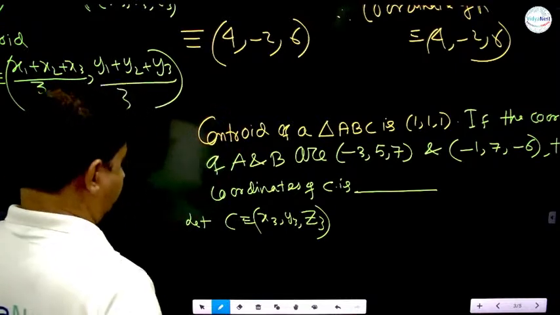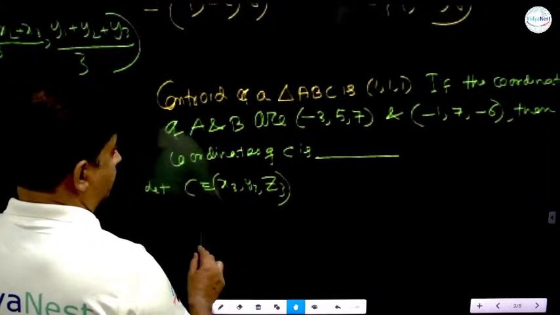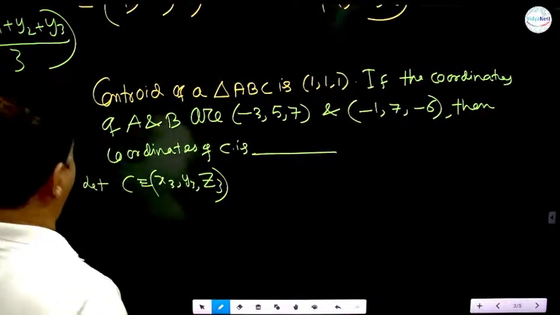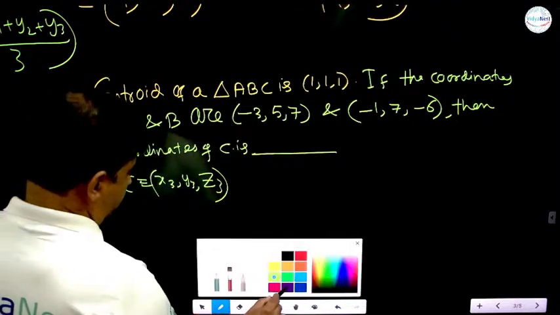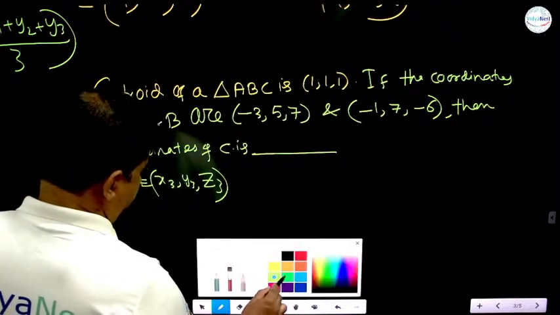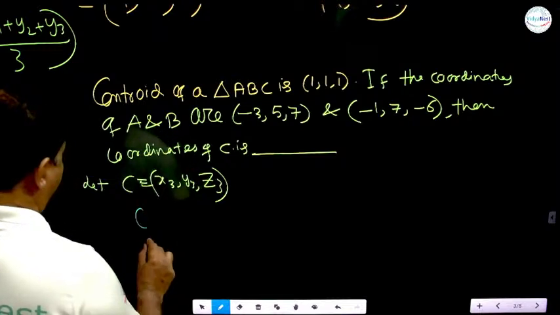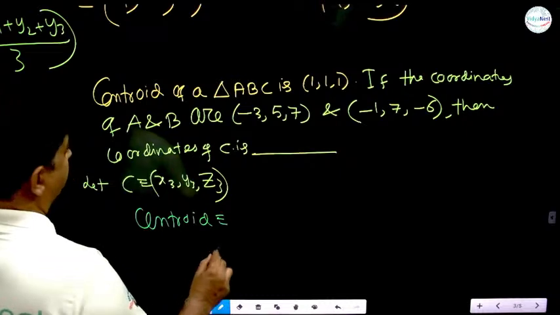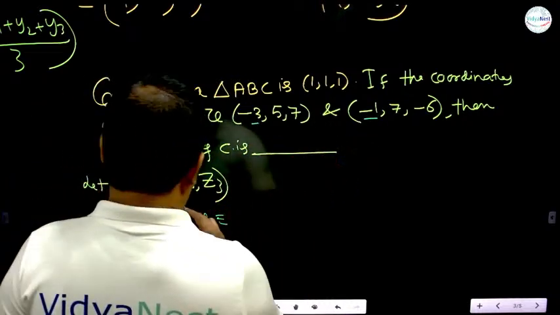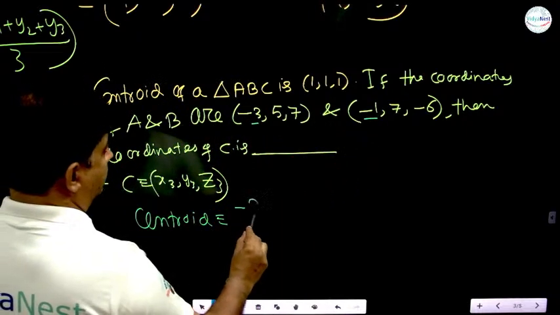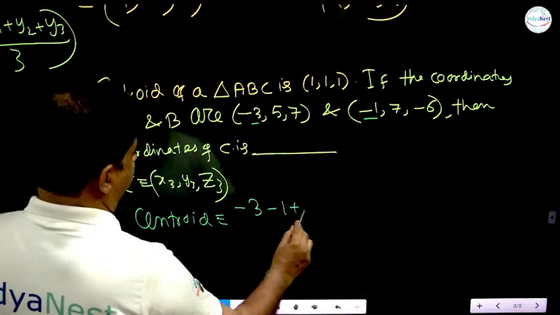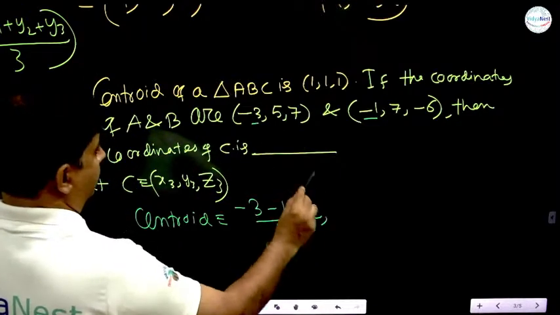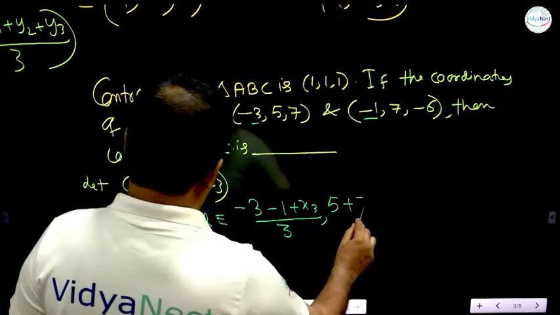So the centroid is, this plus x3, 5 plus 7.